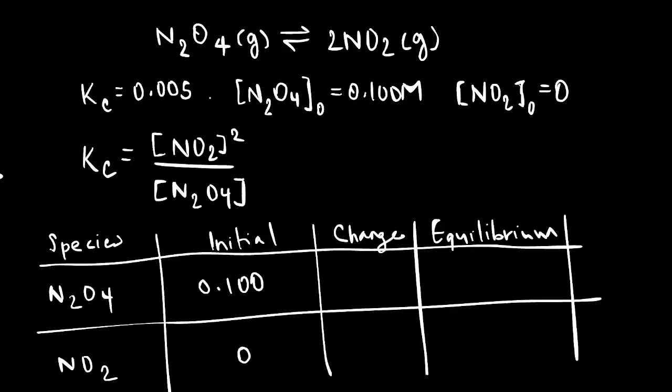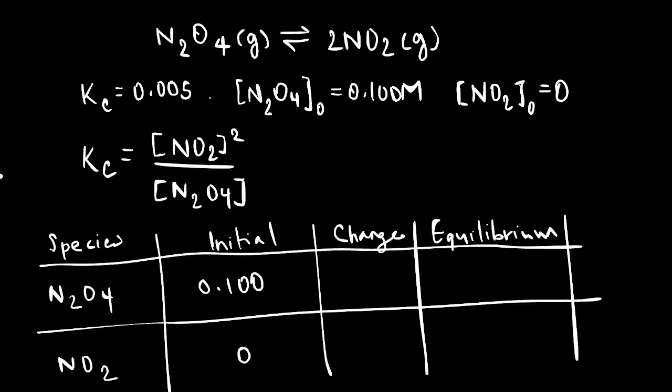So basically what we see is in this reaction, we are converting N2O4 into NO2. And specifically, we can see that for every 1 unit or every 1 mole of N2O4 that we have, we produce 2 units or 2 moles of our NO2. And so we have to represent this symbolically in our change column.